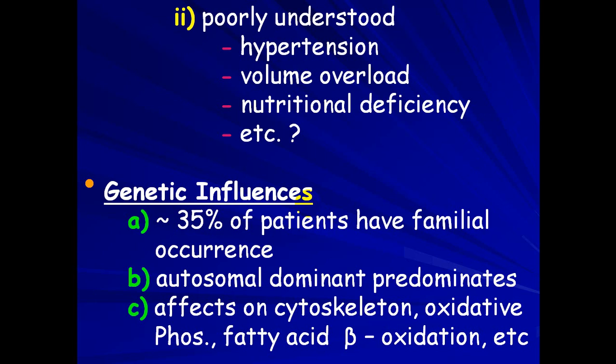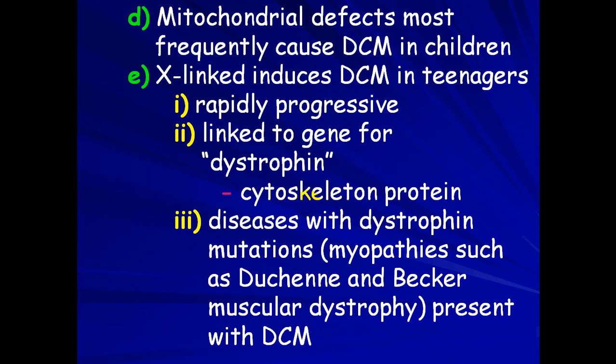Genetic influence in dilated cardiomyopathy: 35% of patients have familial occurrence, predominantly autosomal dominant, affecting the cytoskeleton, oxidative phosphorylation, fatty acid and beta oxidation, etc. Mitochondrial defects also have an association with dilated cardiomyopathy.